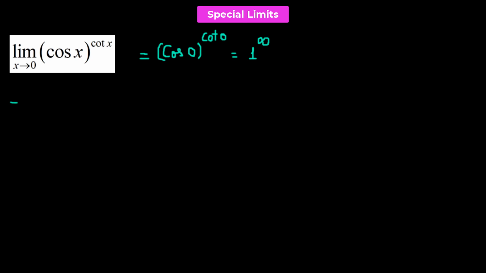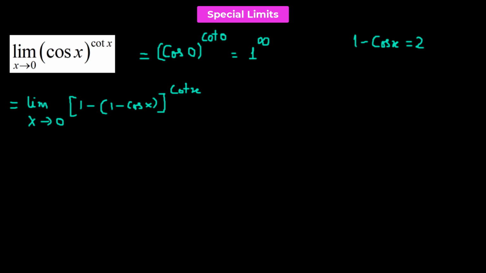So what we will do is change the function such that we have 1 minus (1 minus cosine of x) whole raised to the power of cot of x, such that 1 minus cos of x becomes f of x. But we know that 1 minus cos of x is equal to 2 times sine squared x over 2.